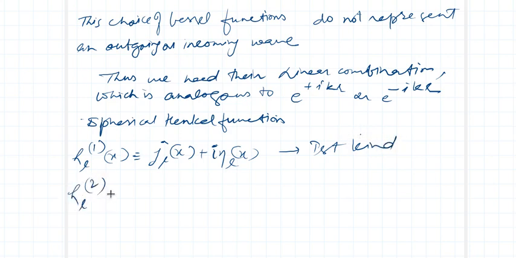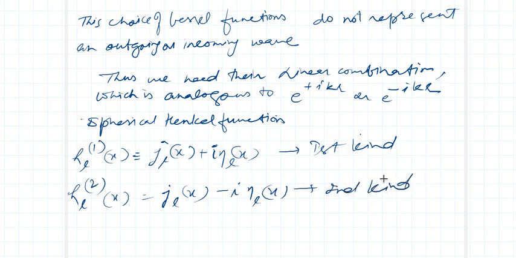Similarly, I can define the Hankel function of second kind, and it is j_L(x), sorry, not plus, but minus iota eta_L(x). These are the new functions which we have defined.